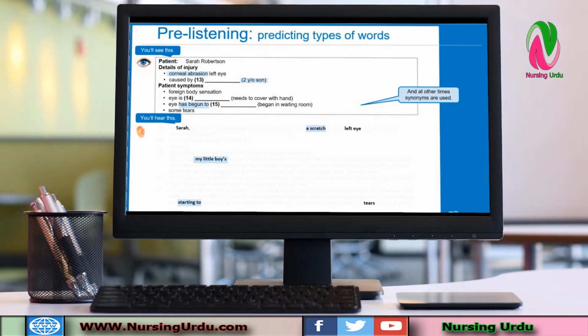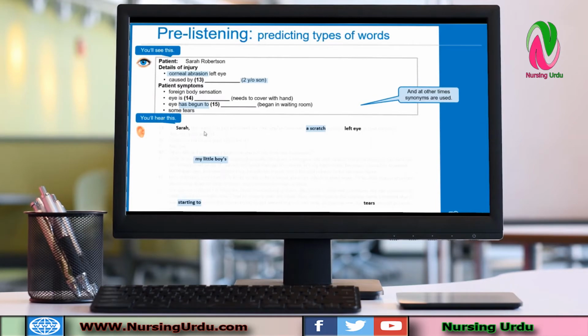I can't remember who it was before because the chat box has been very active today, but someone asked me about why they need to be worried about the type of language that they're going to hear in terms of informality and paraphrasing. The reason for this is because we need to make sure that we are familiar with the different ways that things are expressed. And you can see here, corneal abrasion is a much more formal medical way of saying a scratch, okay?